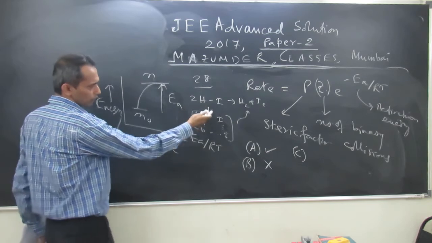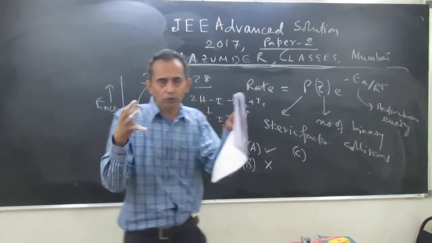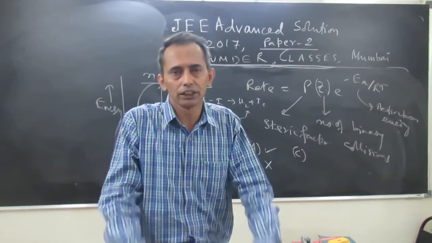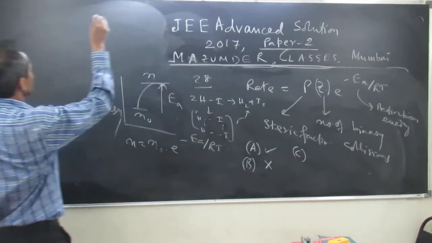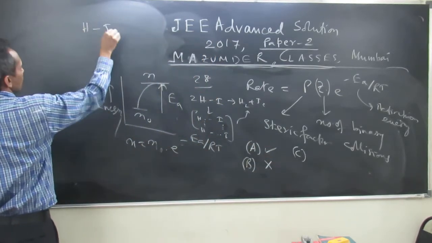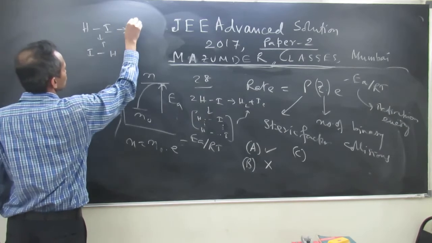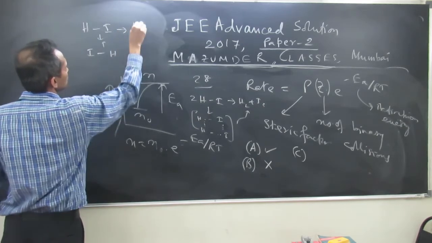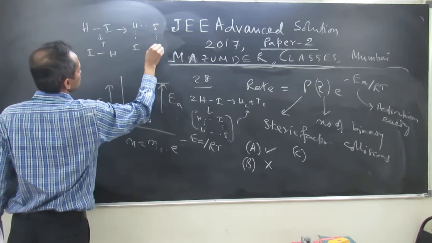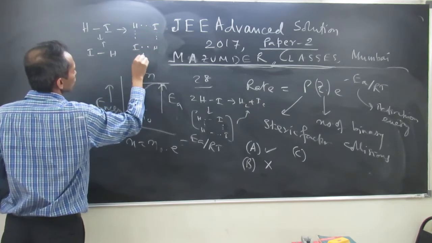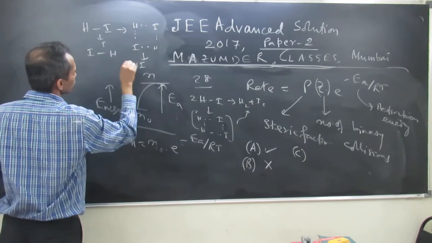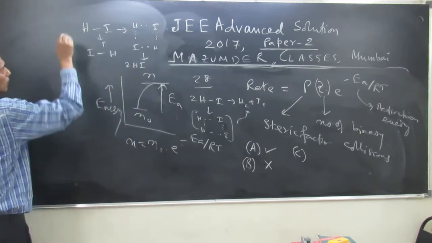This is basically the probability or the approach of the molecules towards each other. Suppose if the HI molecules approach like this, naturally they will make the transition state. You can see by collision it is I and it is H, like this. So it is not a fruitful collision. Again you are getting 2 HI from HI.